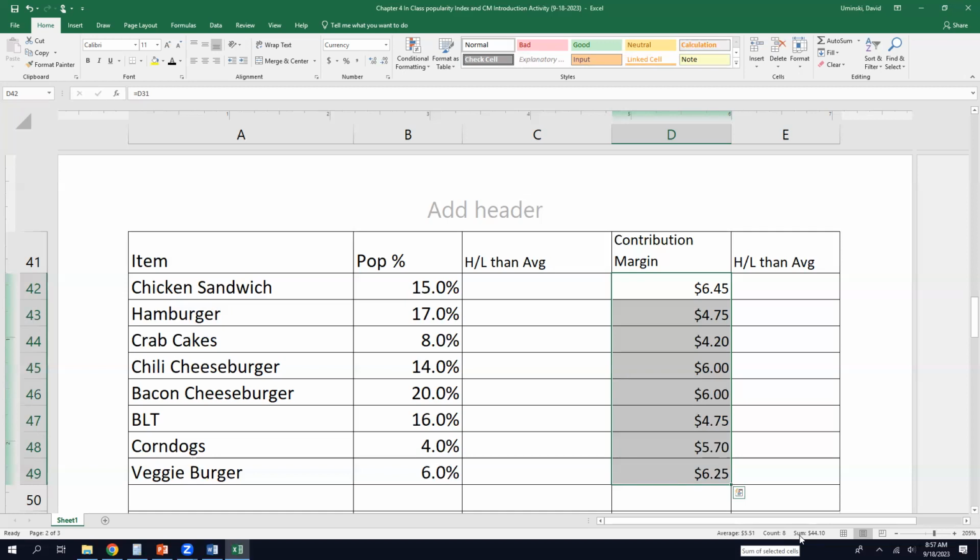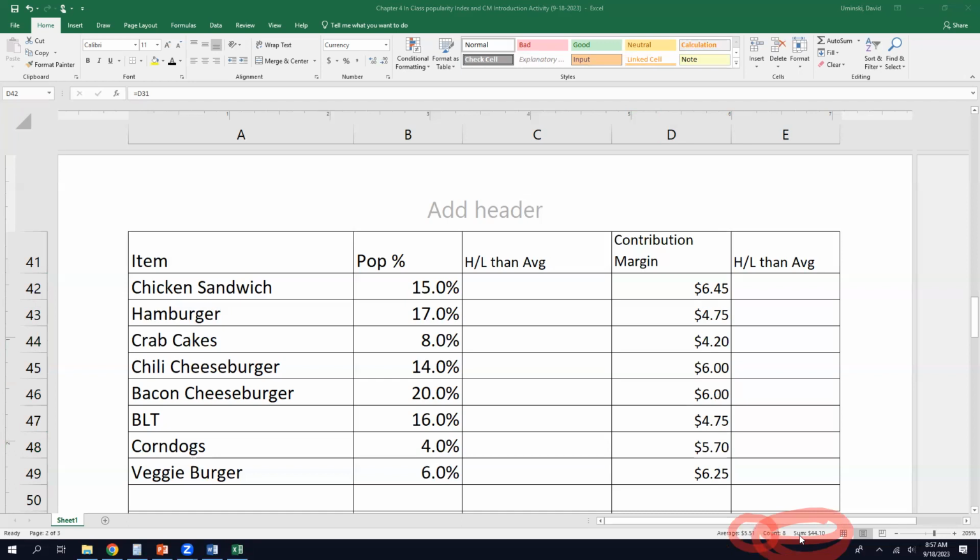How did I do that so quickly? Excel. When I highlight these numbers, right down here on the bottom, it says sum $44.10. It actually even gives me the average of $5.51.